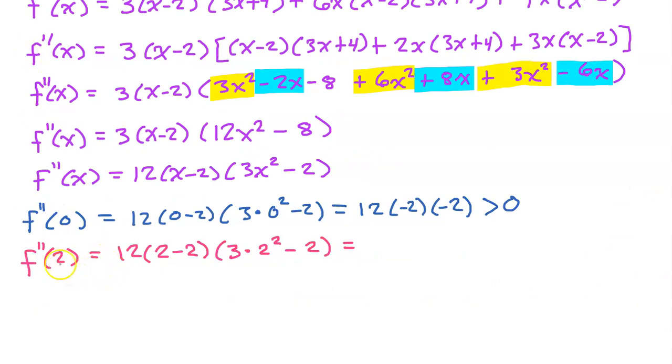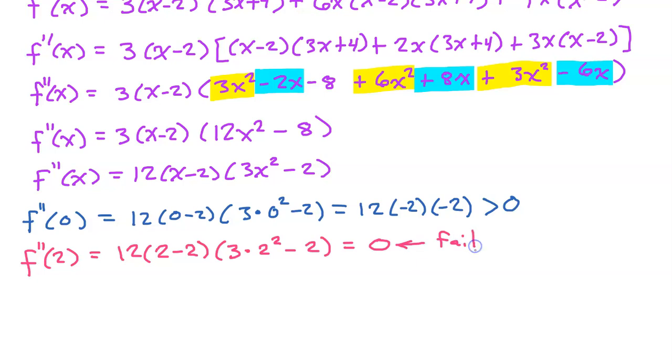So here I am plugging 2 into the second derivative. But notice that I have this 2 minus 2 right here. That's 0. So that's going to make this entire value equal to 0. And here's the thing. That is a fail for the second derivative test.